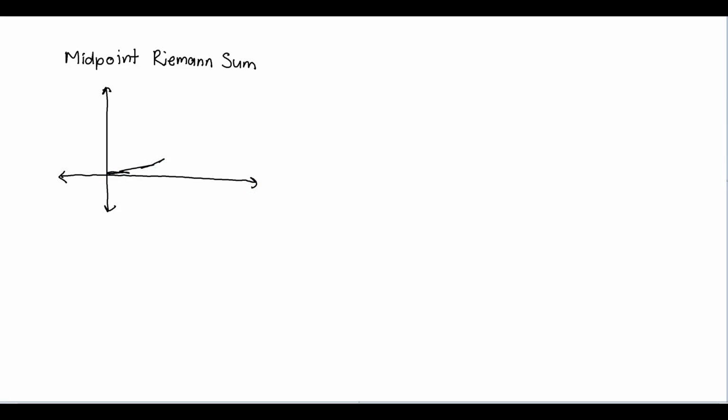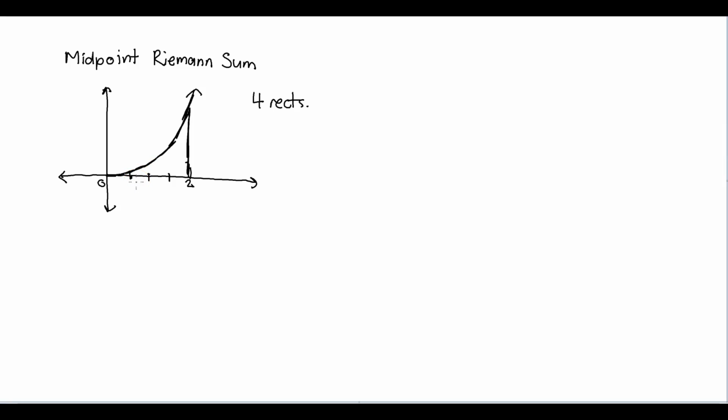So we're taking it from 0 to 2, and now we're going to try to approximate the area using a midpoint sum with 4 rectangles. So again, we have subintervals of 0.5, that's the length.